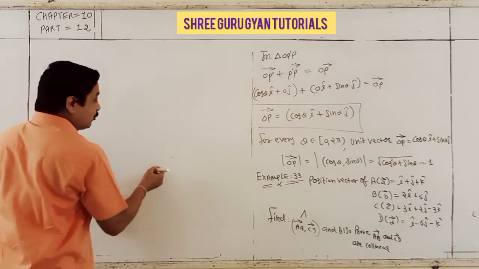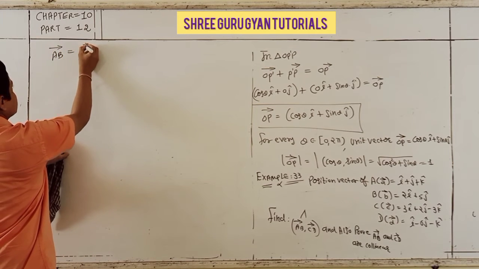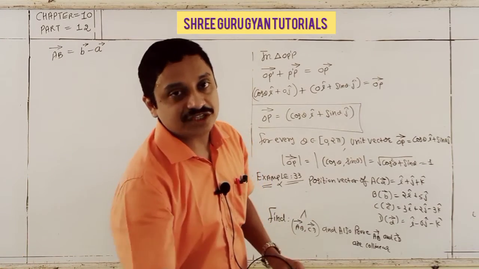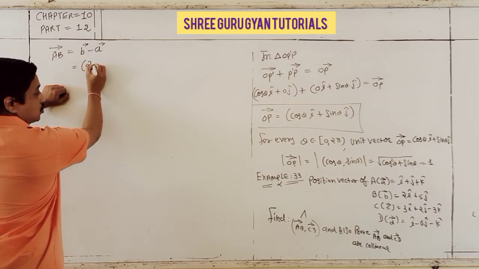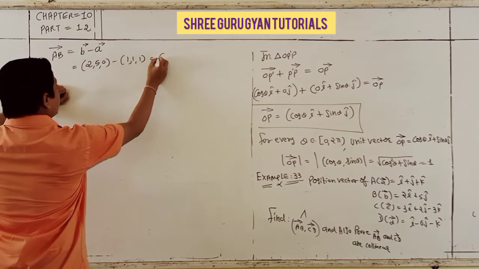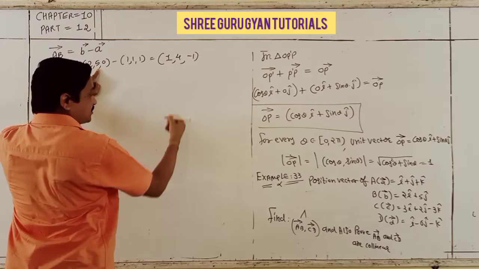So first, the AB direction. It is B position minus A position. B is (2, 5, 0) and A is (1, 1, 1). So it is 2 minus 1 = 1, 4, and minus 1.